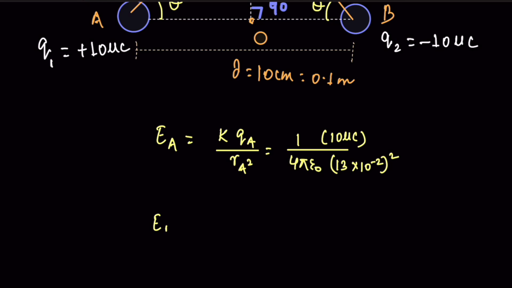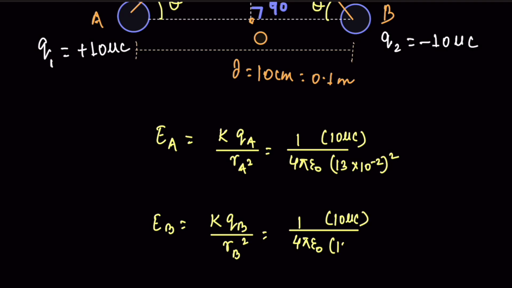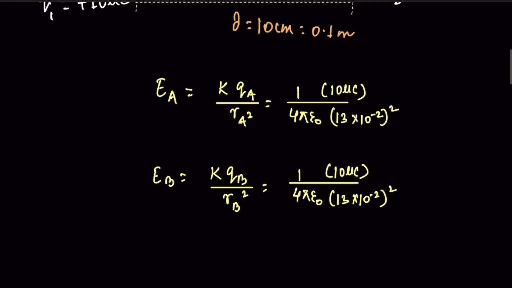Similarly, EB is equal to K QB by RB square, so 1 by 4 pi epsilon naught, 10 microcoulomb, into 13 into 10 to the power minus 2, whole square. From here you see all the values are exactly the same, so EA is equal to EB and its value is E.